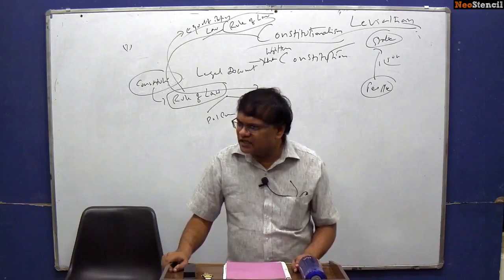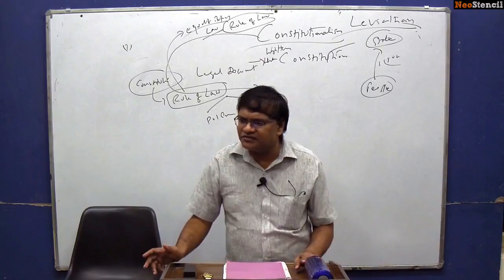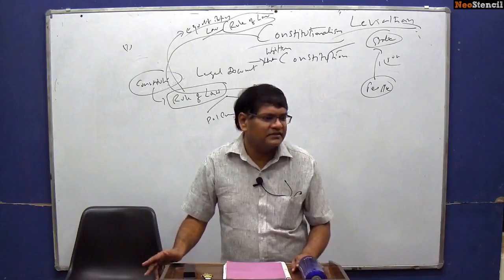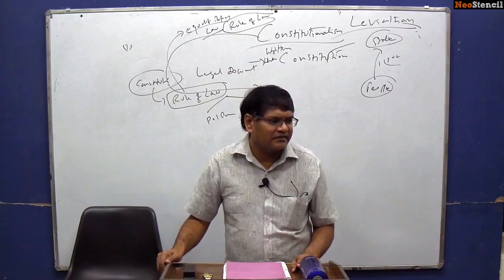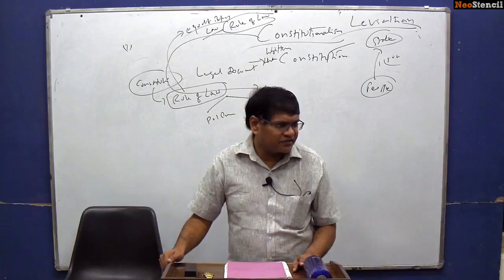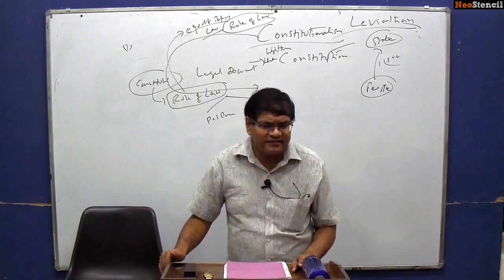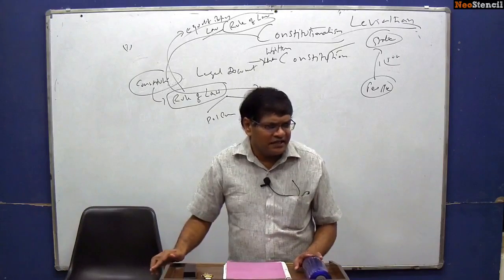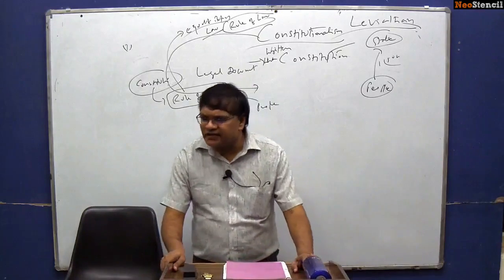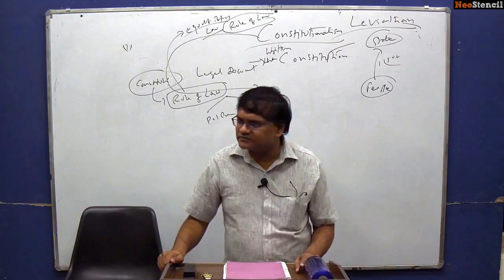Take the case of some countries like Pakistan and Afghanistan. They have a written constitution, but do they have constitutionalism? Obviously not. On the other hand, a country like the United Kingdom has no written constitution, but it has constitutionalism. But a written constitution is necessary. Why? Because the United Kingdom is a completely different country with a completely different history.